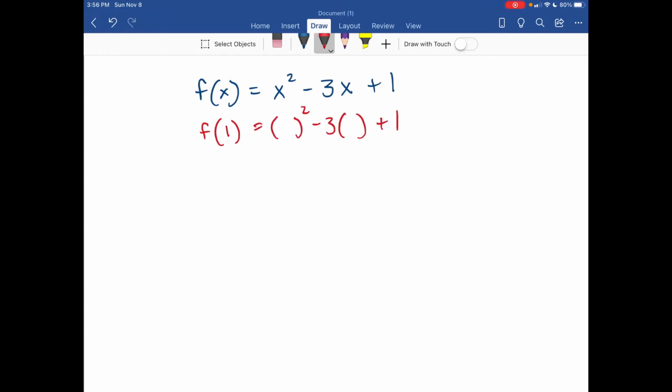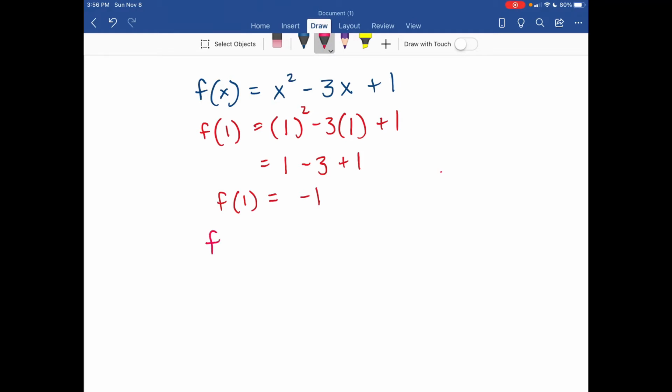So we can think of it like that. And then everywhere we have those placeholders, we plug in what we're trying to evaluate. So in this case, it would be 1. And then our next step would be to clean it up until we got our answer, that f of 1 is negative 1.